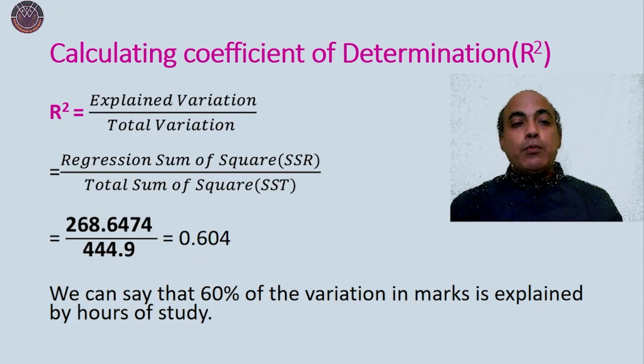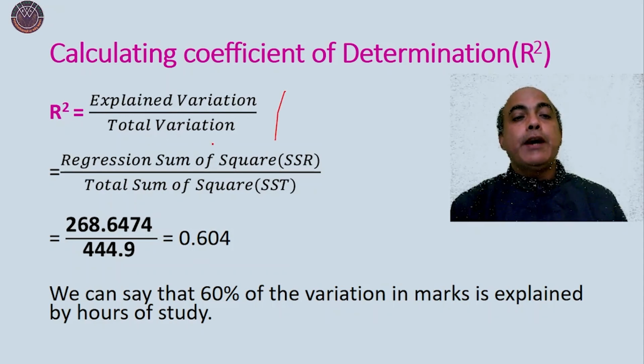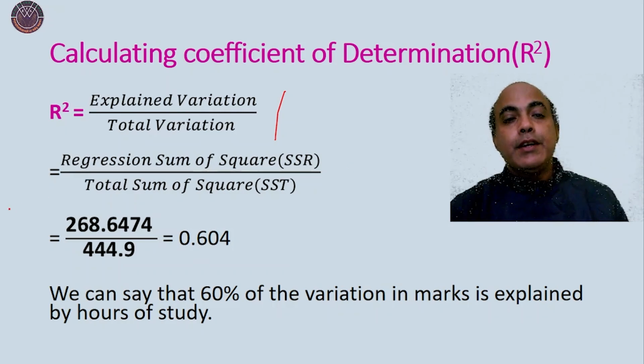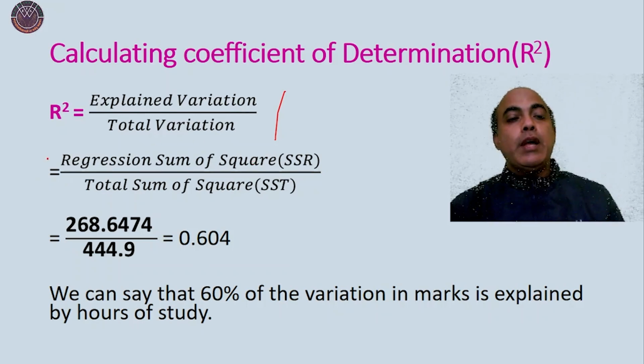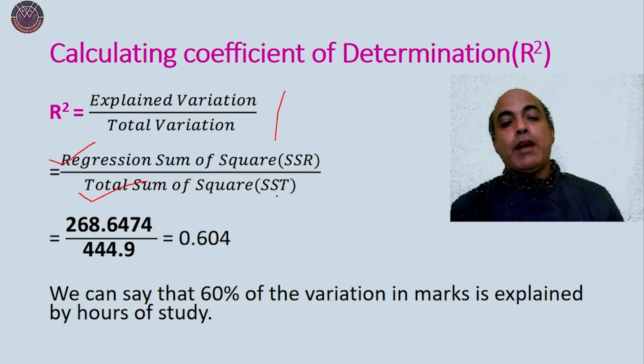The formula for coefficient of determination is explained variation by total variation, that is regression sum of squares by total sum of squares. So how much our regression has explained of the total variation. We have the regression sum of squares, you have already seen in our example, and we have the total sum of squares, SST, also.